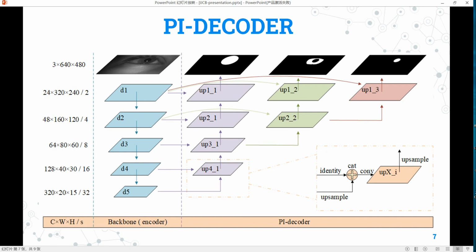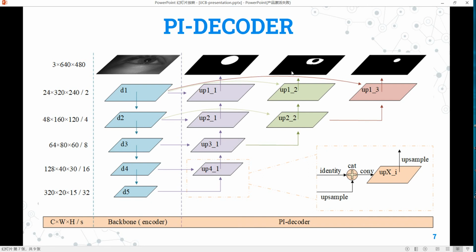Using the unique spatial connection, we designed the network into a multi-branch form and called it the PI decoder. After the input image passes through the backbone, in the decoding process, it is separated into the branch corresponding to the outer circle of the iris, used to divide the branches of the iris, and then separates the pupil branches from the iris branches.